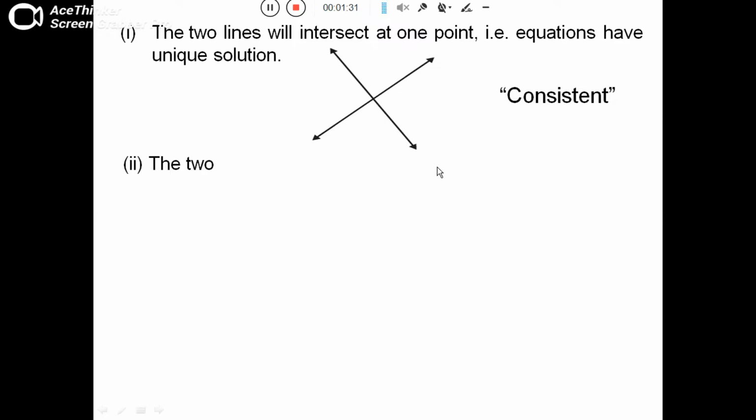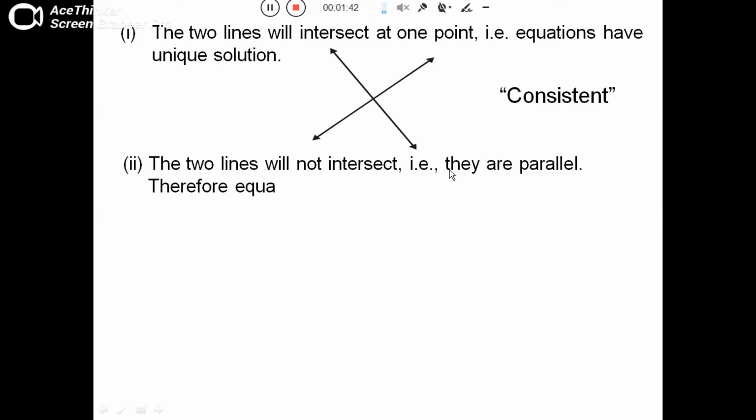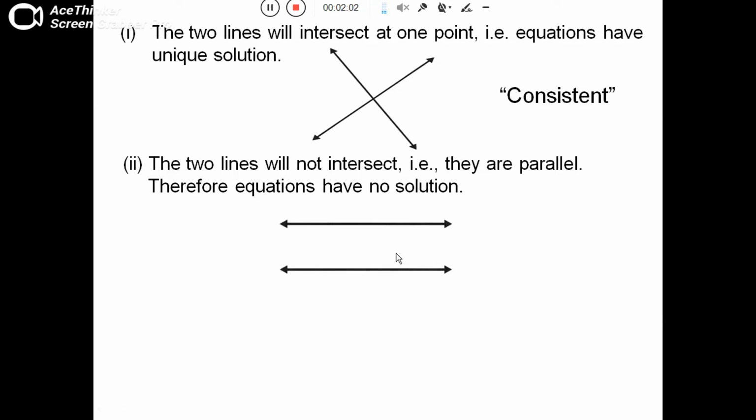Now see the second possibility. The 2 lines will not intersect, which means both the lines are parallel. Therefore the equations have no solution, since they are not intersecting anywhere. The figure looks like this.